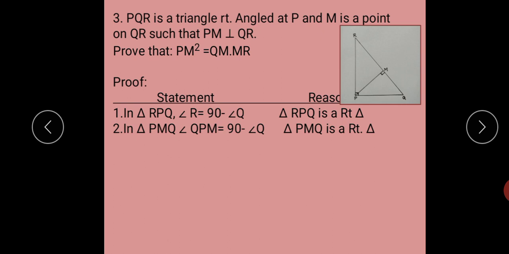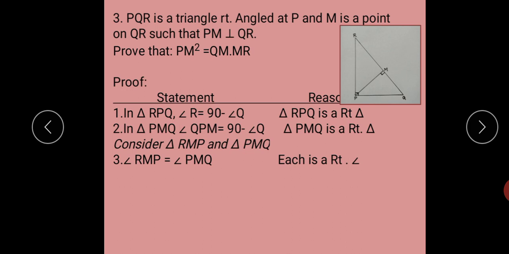Now, let's go to the two triangles which I mentioned earlier. They are triangle RMP and triangle PMQ. Angle RMP is equal to angle PMQ. Each is a right angle. It is given.